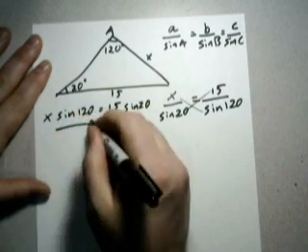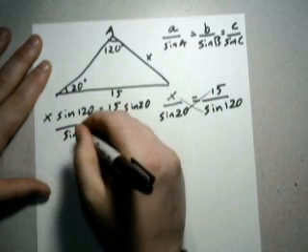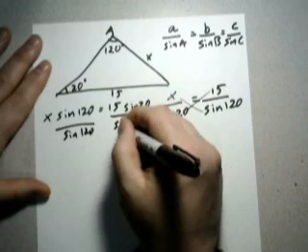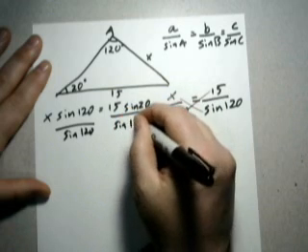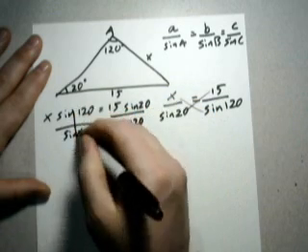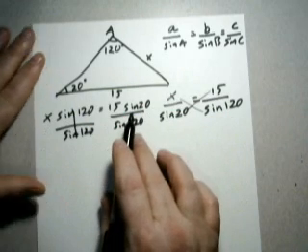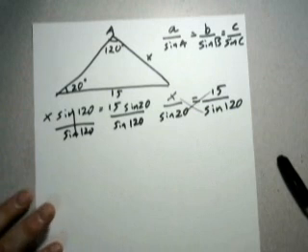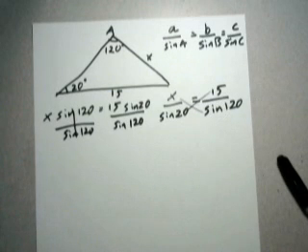Solving for x, we divide by the sine of 120. So x is equal to 15 sine of 20 divided by sine of 120.